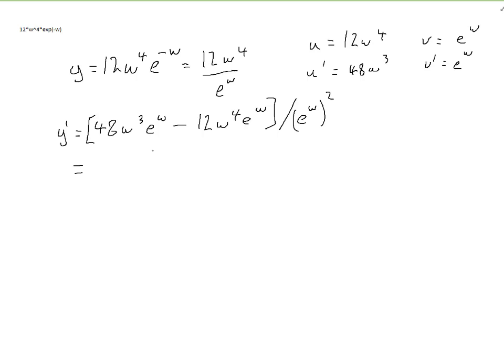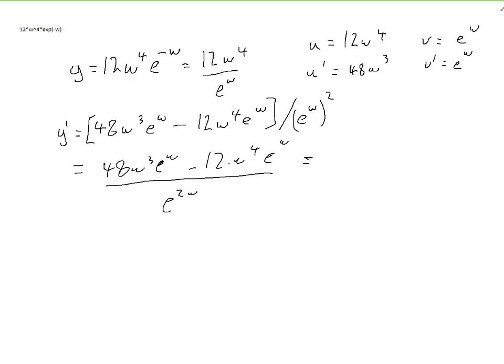So now we can slightly simplify, because e to the power w squared is e to the power w times e to the power w, which is e to the power 2w. So this is all divided by e to the power 2w. Okay. So e to the power w here, e to the power w here, and e to the power 2w here means that we can cancel.